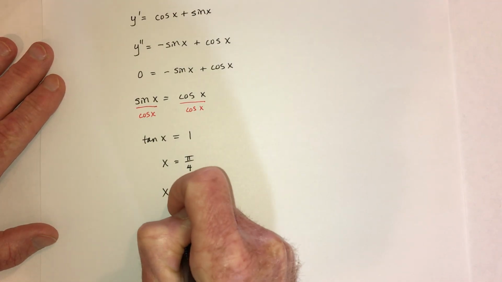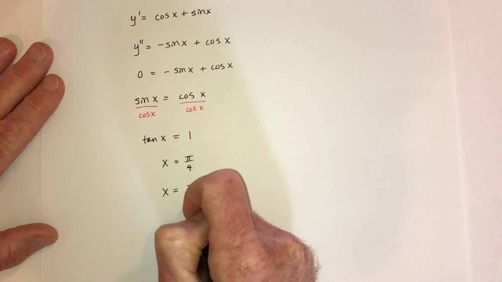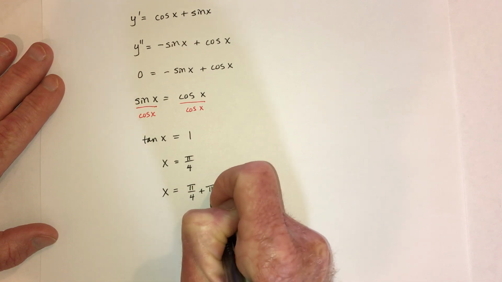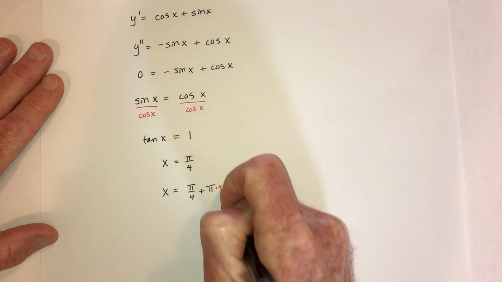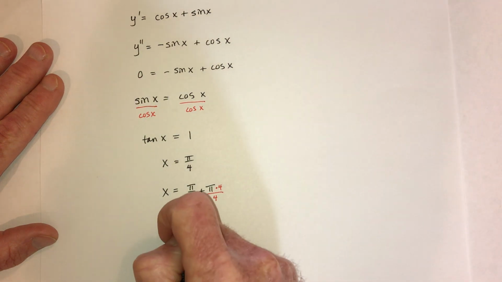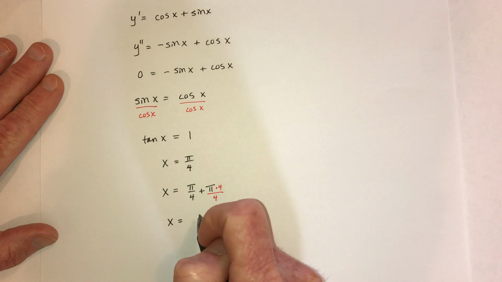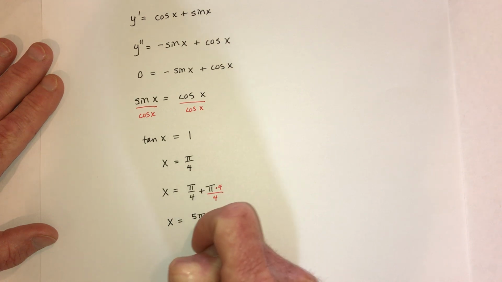And like we did with the last one, since the period of tangent is pi, you could take this one and add on pi, and then we would get another answer. So common denominator is going to be 4. So that would be 4 pi over 4 plus 1 more is 5 pi over 4.